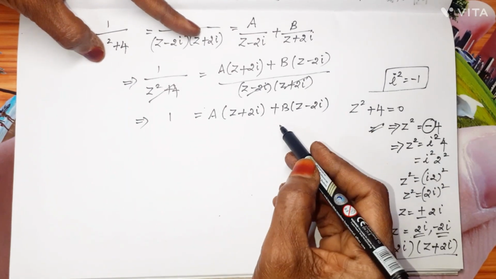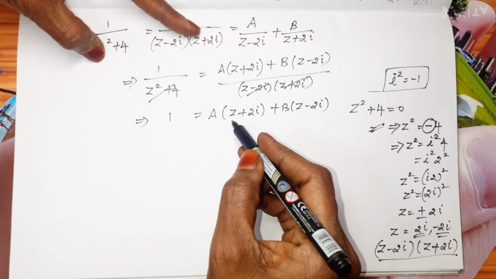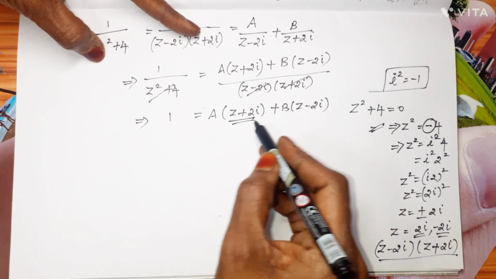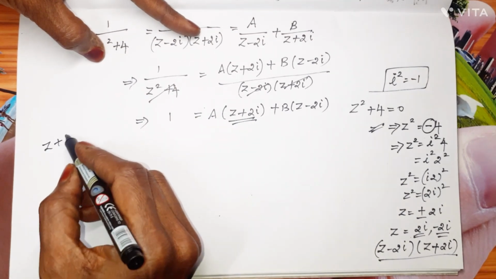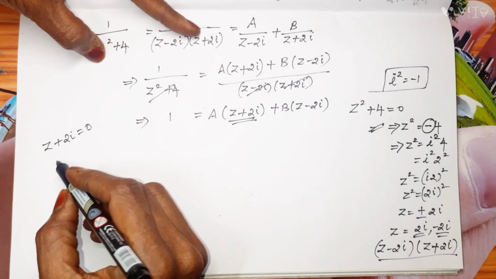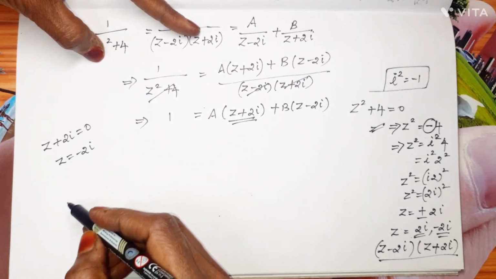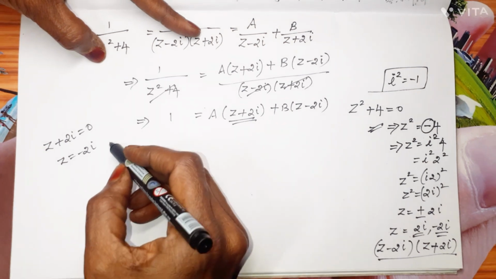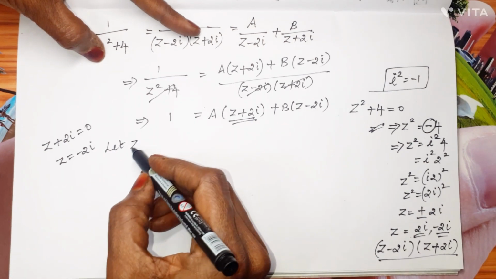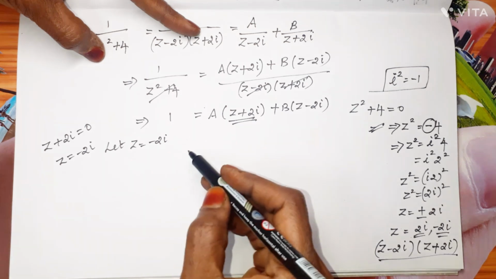For finding the A and B values, we have to substitute values for z. From the first factor, if we take z plus 2i as 0, we get z equal to minus 2i. So we take z equal to minus 2i first.